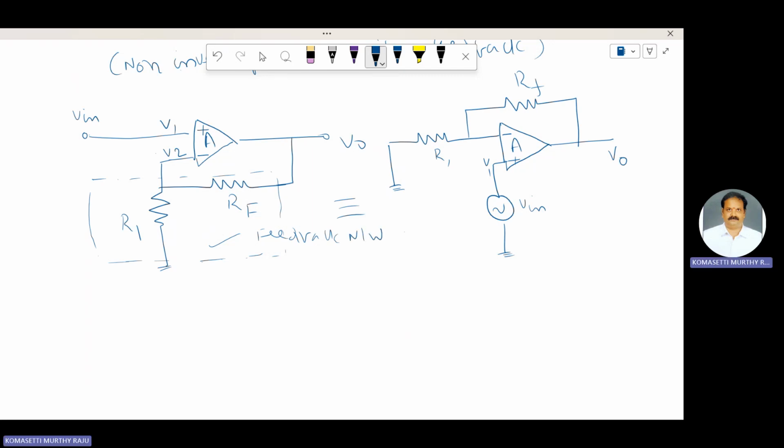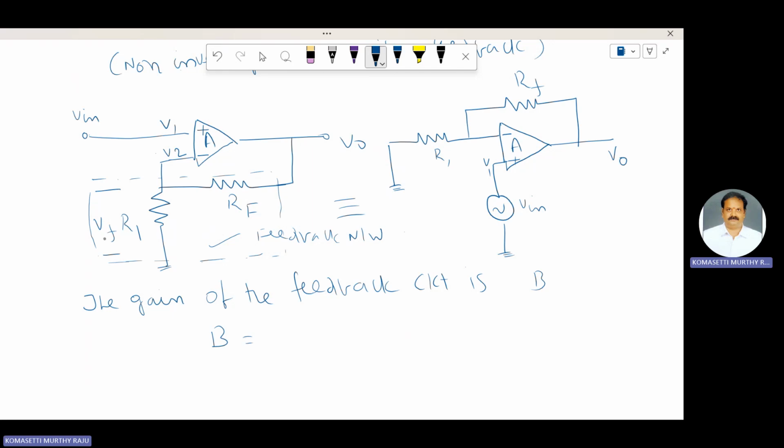First, find out the gain of the feedback circuit. The gain of the feedback circuit is B. The voltage across R1 is Vf. This one is V0.